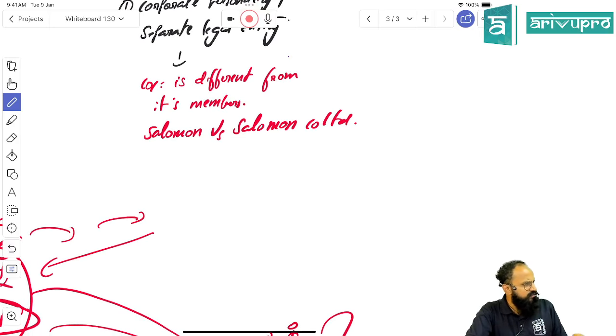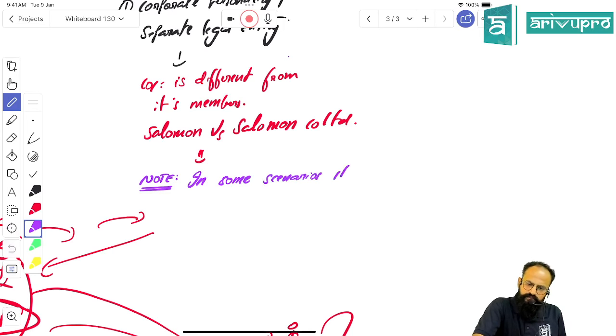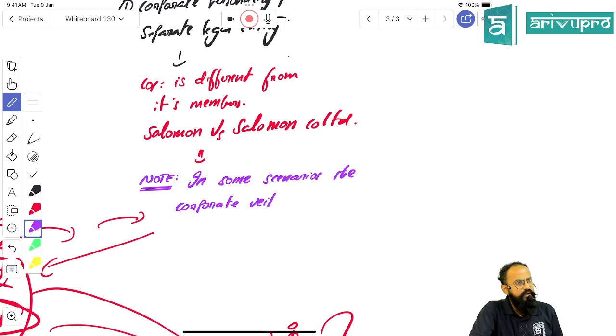I am not writing the case law again, but write down this note. The corporate veil means mask or cloth, whatever you call it.